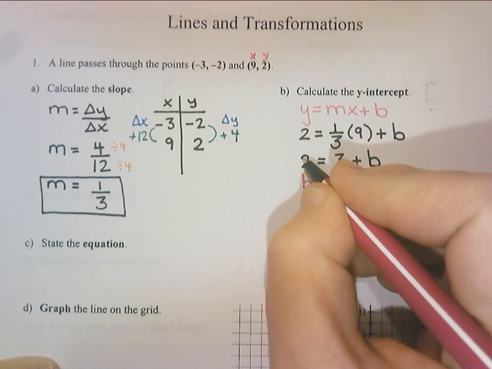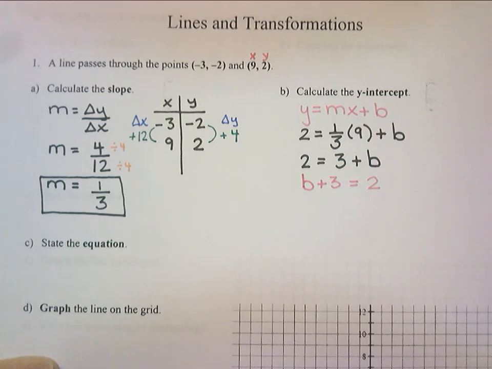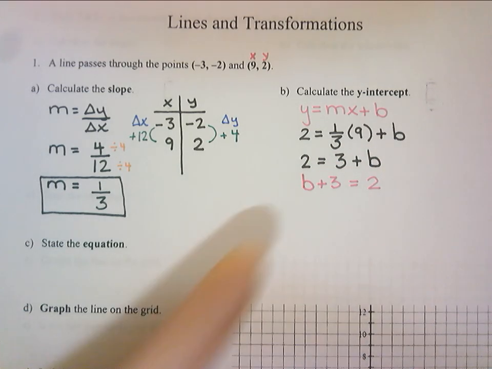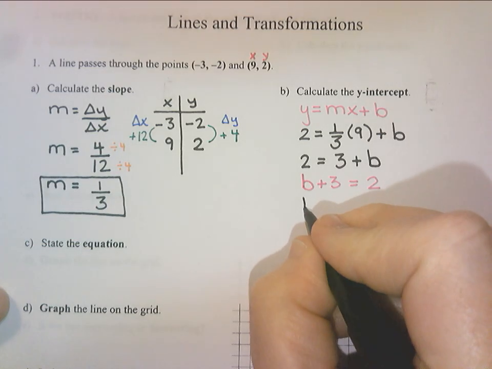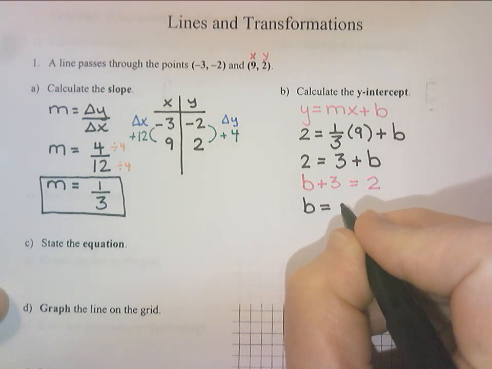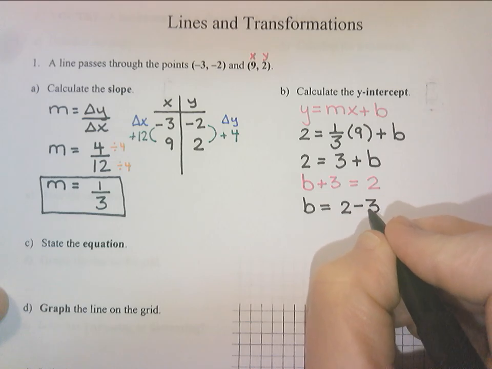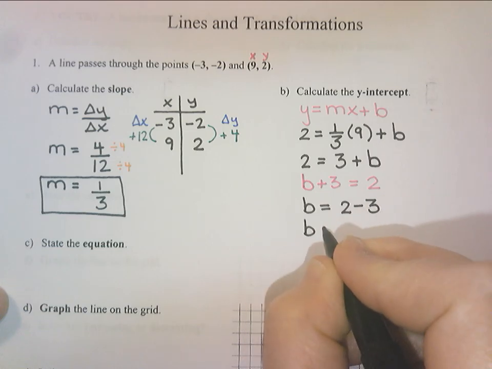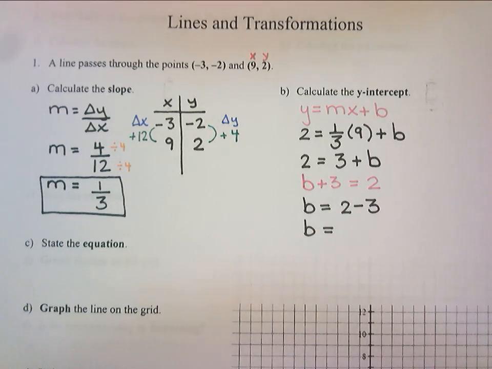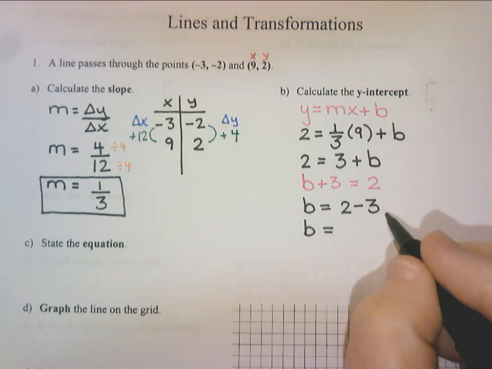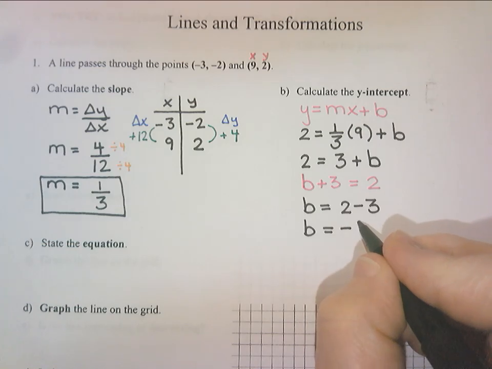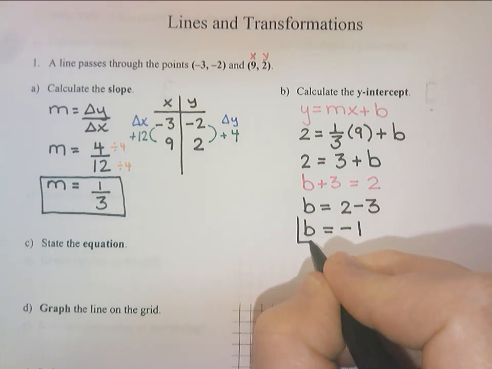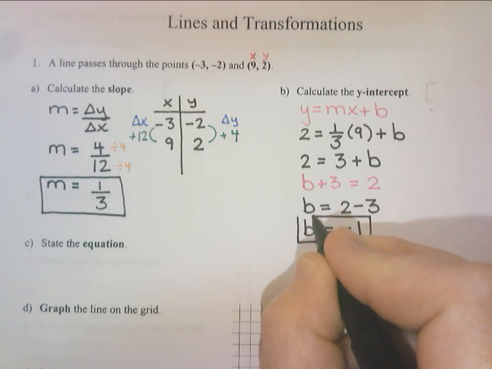And then I'm going to move that 2 to the other side. From here, in order to solve for b, I would subtract 3 from both sides. So we're going to get that b is 2 take away 3. You can do that on your calculator, or when the signs are different, we subtract. So 2 take away 3 is going to give us -1. So my y-intercept is -1.